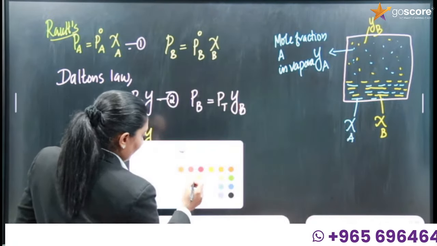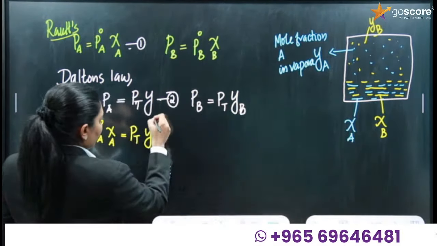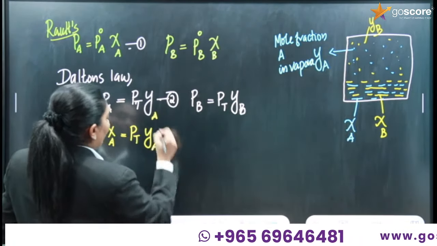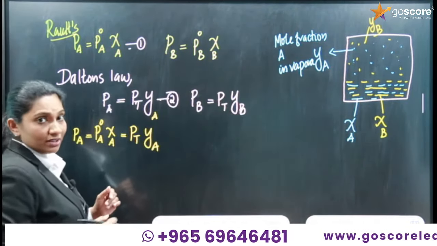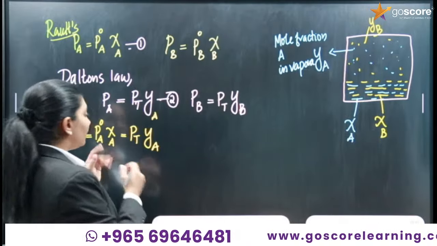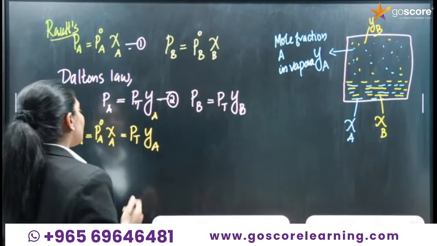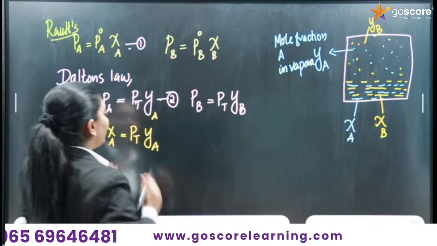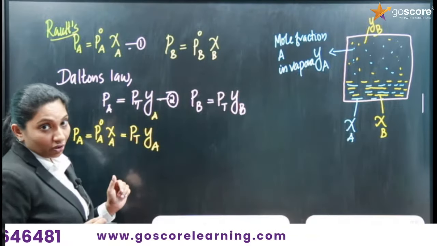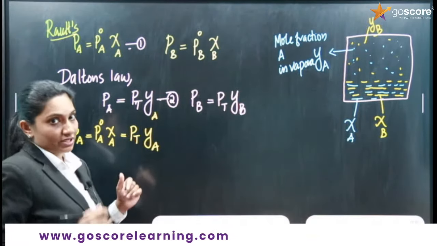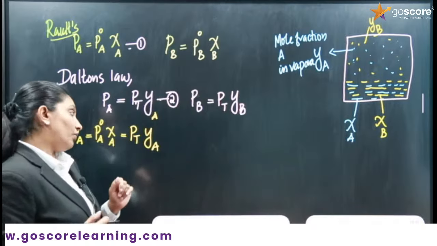So this will be A. Here also capital letter A, because our solvent is A. We are denoting it with letter A, right? So it is equal to total pressure into mole fraction of the component A in the vapor phase, not in the solution, in the vapor phase.